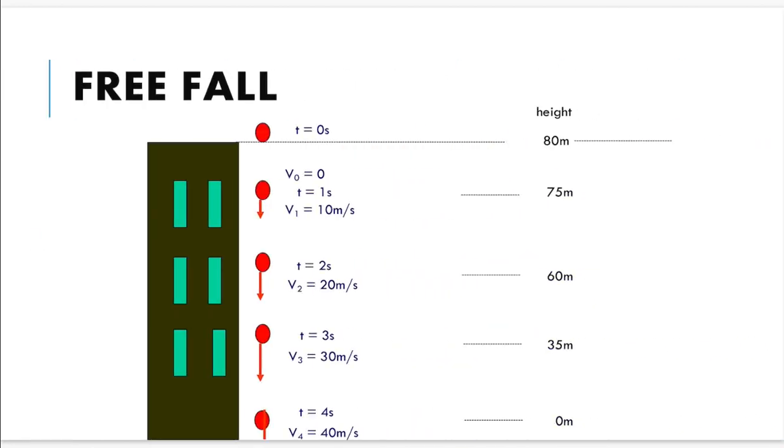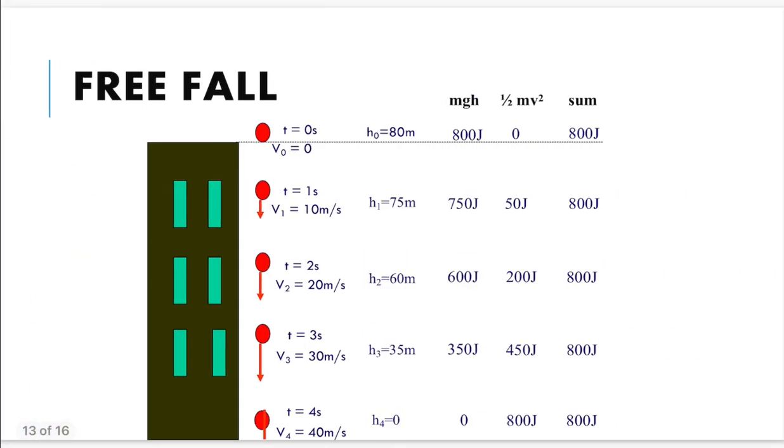So this is an example. If we are looking at this free fall of this ball from the top of an apartment building, then we can see that its potential energy and its kinetic energy are going to keep a total sum of the amount of energy it would take for the ball to fall, and we are able to calculate this throughout using the height and the velocity and the time.